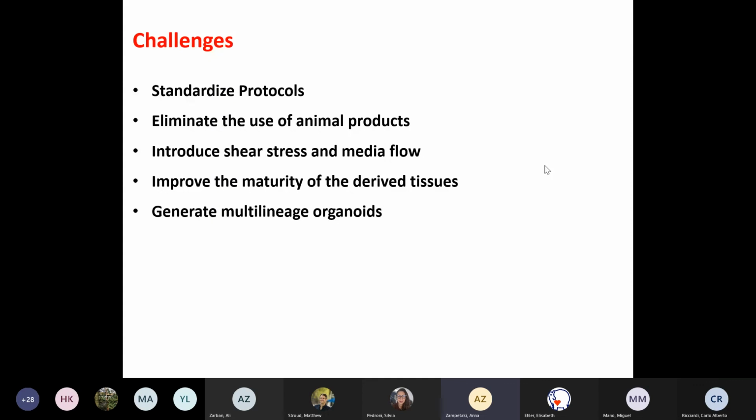Some of this is already underway, but of course a lot more needs to be done, because our organoids should definitely have vasculature, immune cells, and innervation if possible.